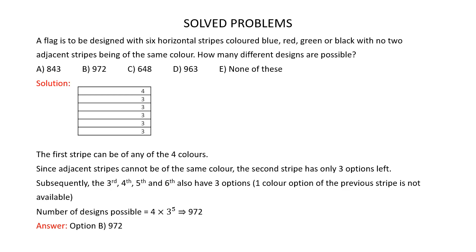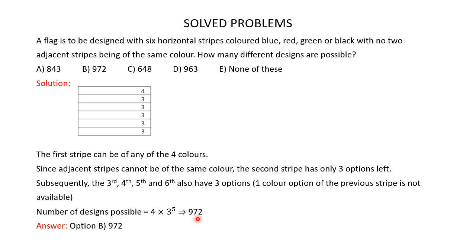Thus, the number of designs possible is equal to 4 multiplied by 3 multiplied by 3 multiplied by 3 multiplied by 3 multiplied by 3, which is nothing but 4 multiplied by 3 raised to the power 5, which is 972.